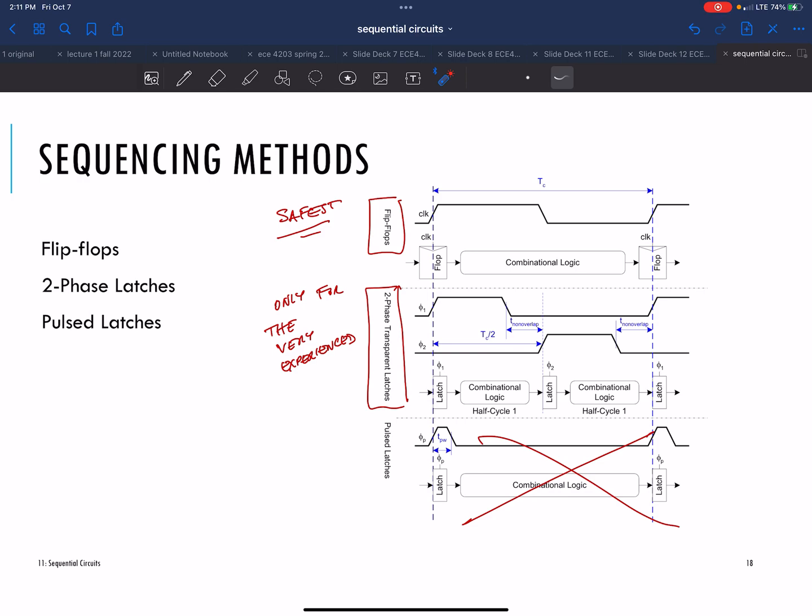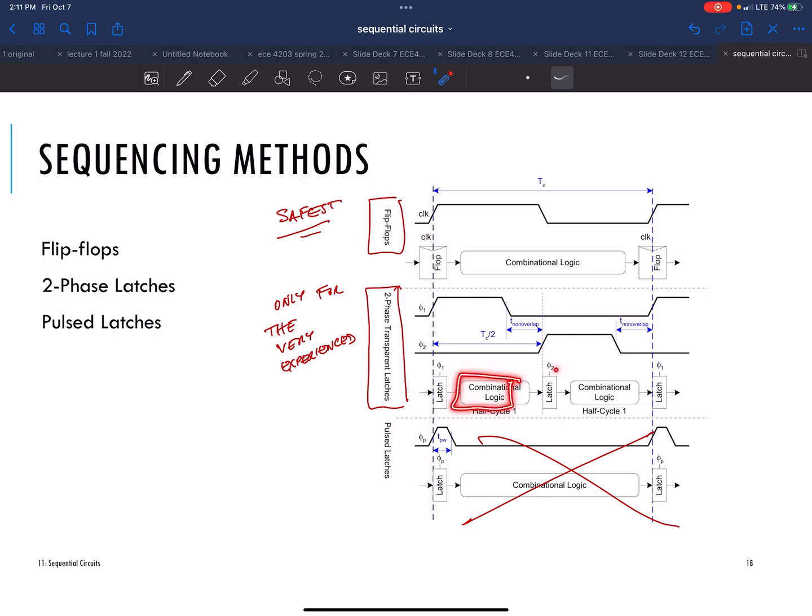Okay? So that means the designer has to make sure that things are stabilized here. Because imagine a case, okay? You have some delay through this combinational logic.